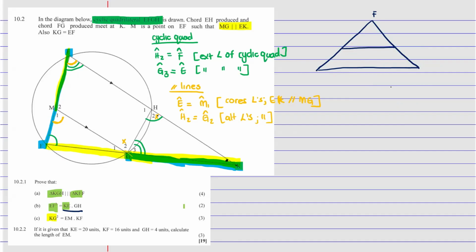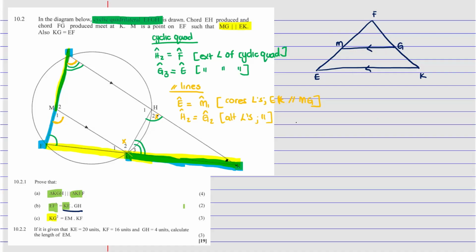This side is going to be M, and this is going to be G. This one is going to be E, and this one is going to be K. And we have the two parallel lines. Do you see that all the information is within this triangle? They didn't include this GH.